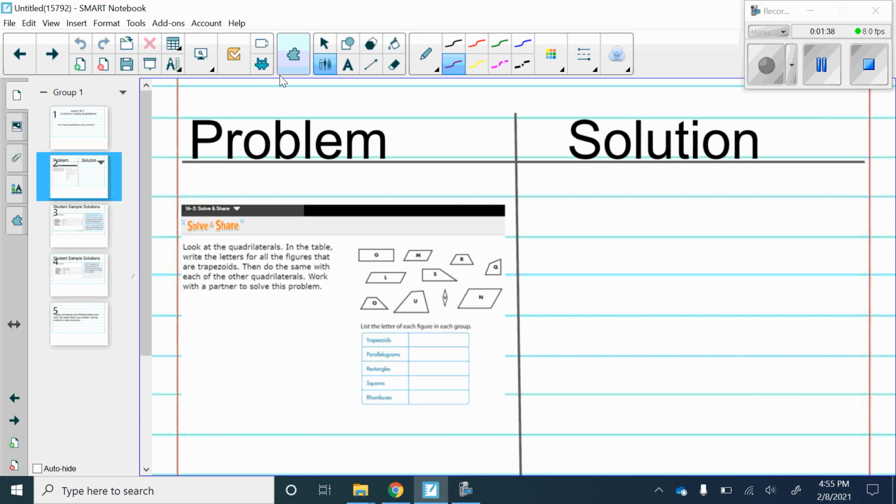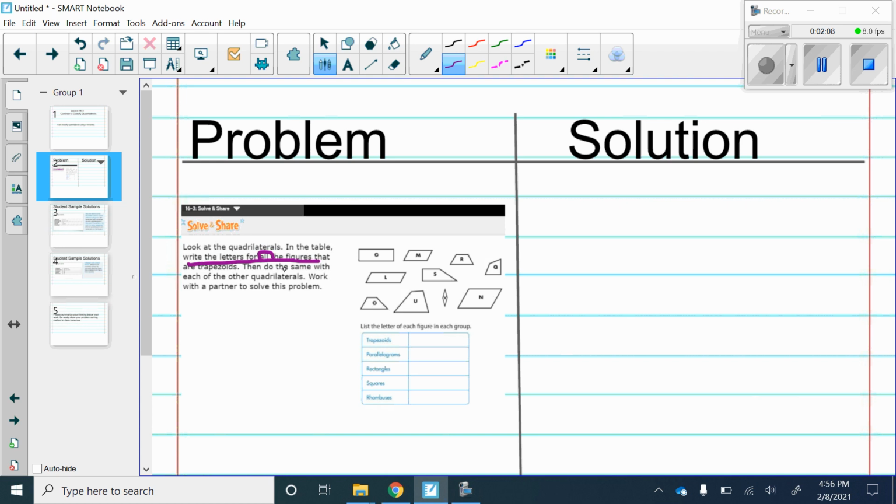Even though it doesn't have a question, what is my task? My task is to write the letters for all of the figures that are trapezoids. Next, for box the keywords, the keywords would be write the letters for all figures. So we're going to be looking at each one of these shapes and classifying it.